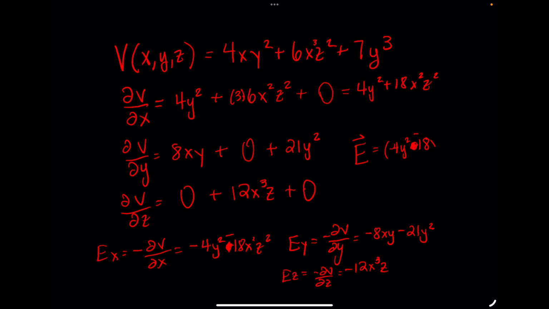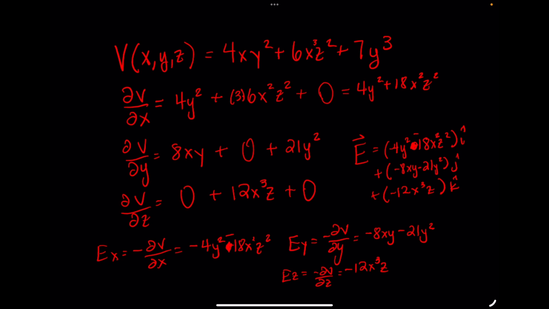Minus 18x squared z squared i hat plus negative 8xy minus 21y squared j hat plus negative 12x cubed z k hat. Okay, so that would be our electric field result.